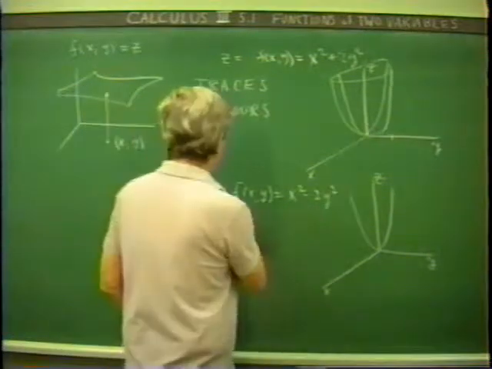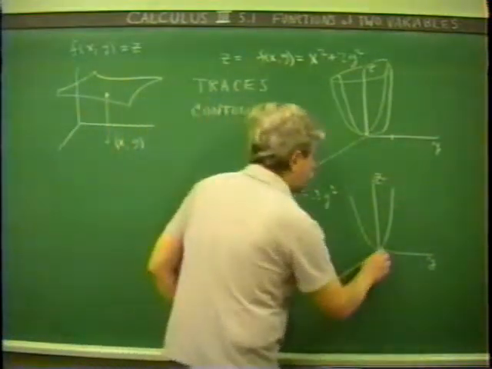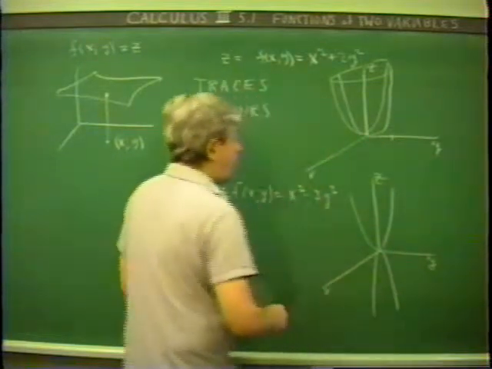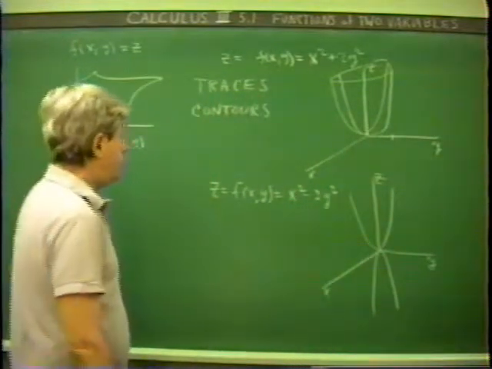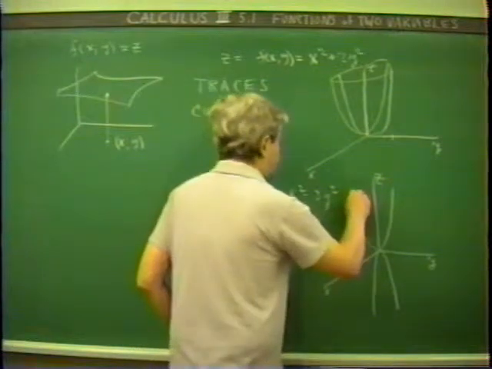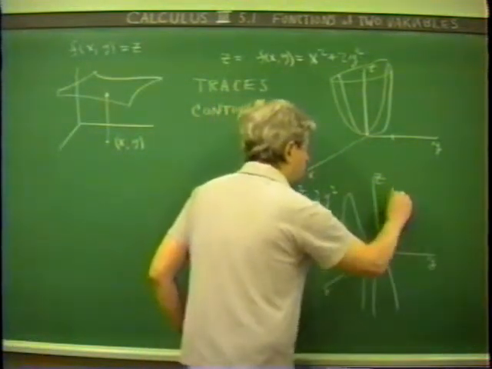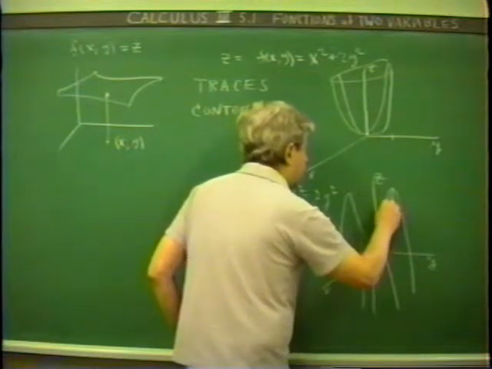When x is equal to 0, we have z equals minus 2y squared, and so what we're looking at there is a parabola opening down. And the graph of this is going to be a hyperbolic paraboloid. And it's going to look something like this.